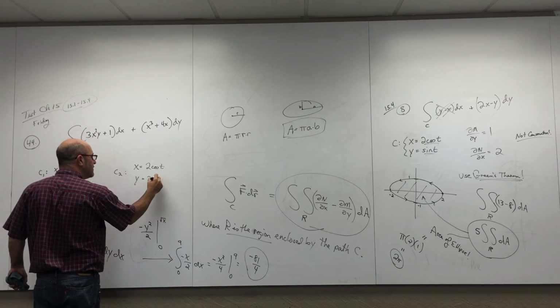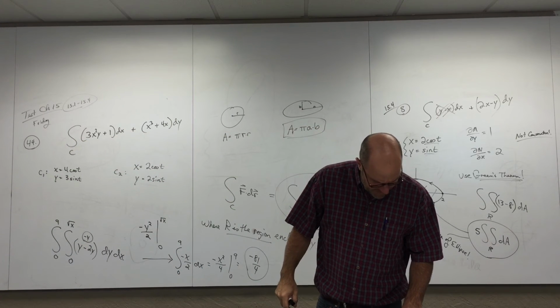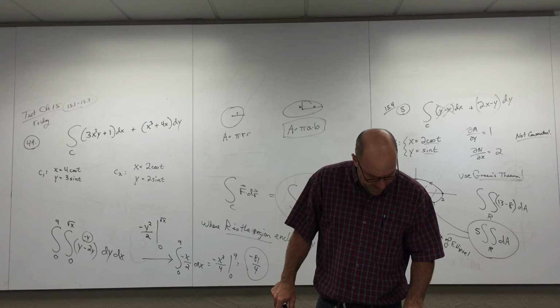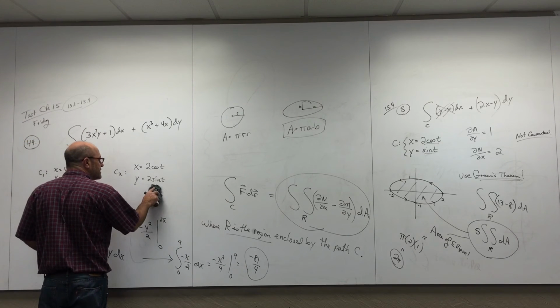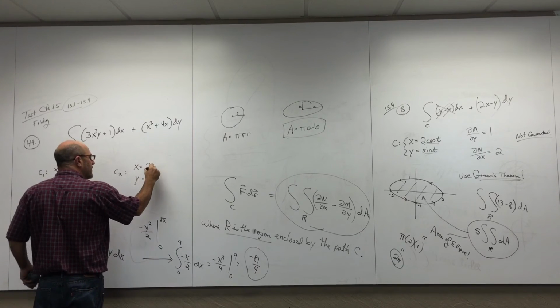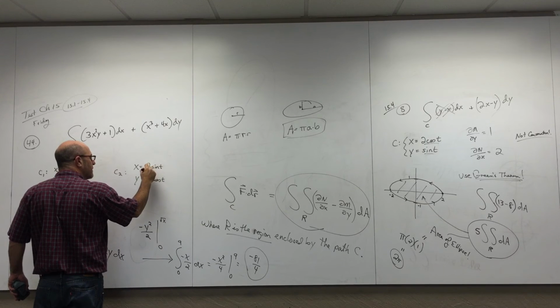Now wait a minute, did they really do that? Yeah, they did. All right, hold on. I think they screwed up. I want this to be 2 sine t and 2 cos t, and maybe I'll explain why in a second. I don't like the way they did it.